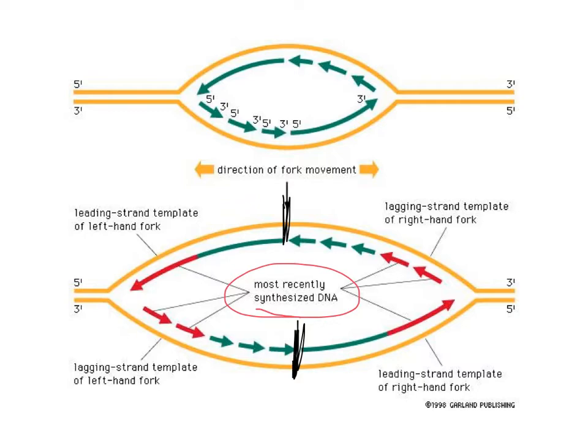Now, we kind of discussed that because replication happens in the 5' to 3' direction, you always have to worry about the newly synthesized strand being made in the 5' to 3' direction. Now last time we focused on the right-hand fork, which just basically means it's to the right-hand side of that center line.